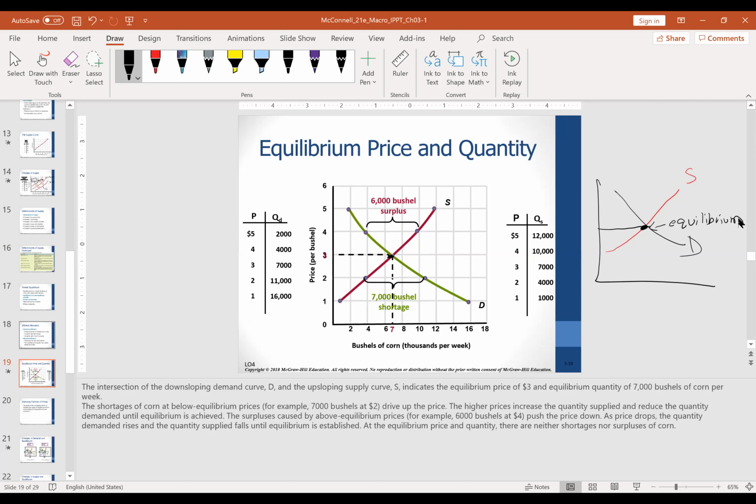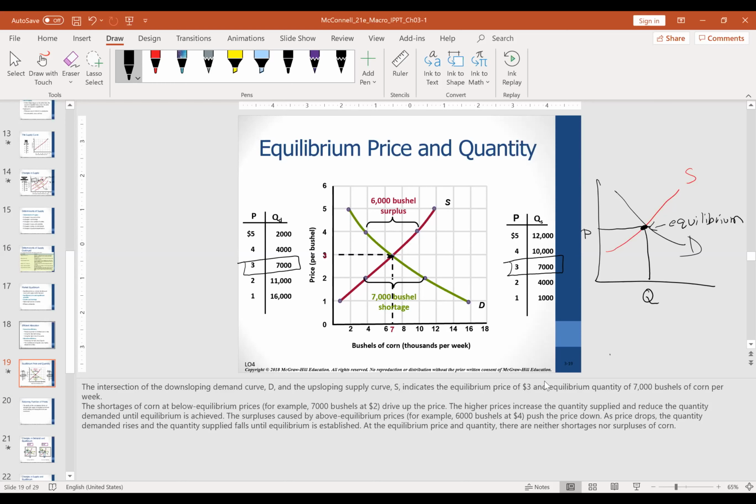We have an equilibrium price and an equilibrium quantity. For example, in this one, $3 is the equilibrium price and 7,000 is the equilibrium quantity.